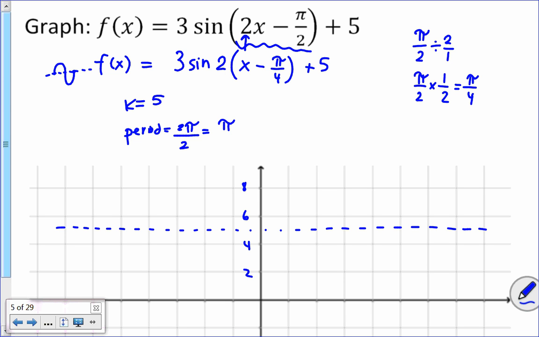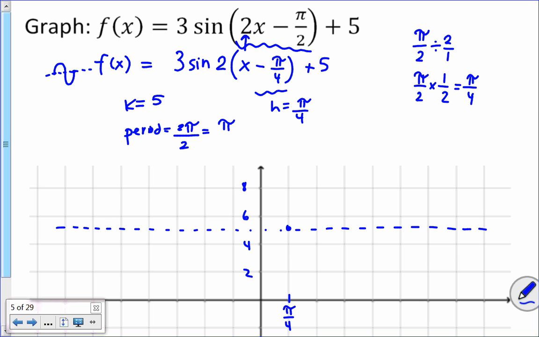So can we find our starting point? Okay, we know here our h is pi over 4. So that means I'm going to have to start at pi over 4. I can decide, okay, I'm going to decide this is pi over 4. So I'm going to start here.